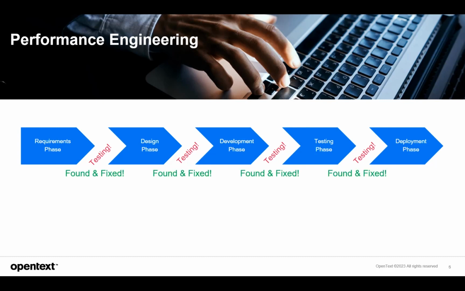So by shifting left and making testing and performance testing part of all the activities in the lifecycle, we are then able to mitigate issues that perhaps won't be found until later on. And by catching these issues early on, before they become major issues, that will avoid both delays and increased cost for everyone involved.